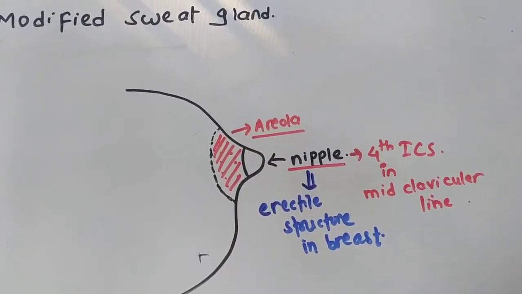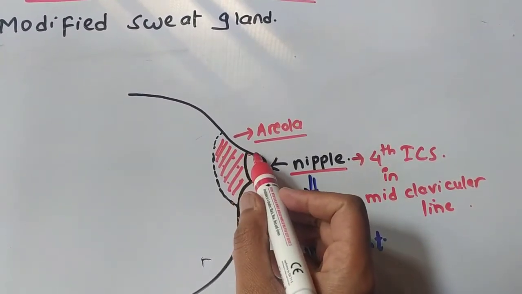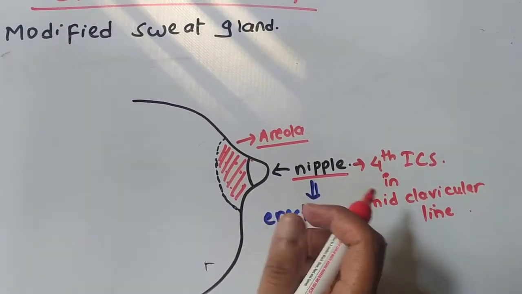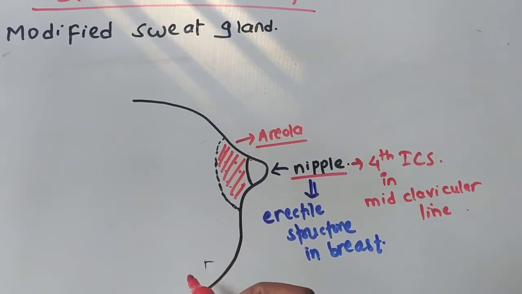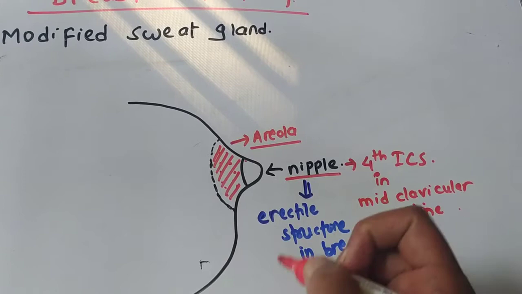The breast has especially the nipple, that is the middle part, the pinpoint part of the breast, and surrounding the nipple it has the areola, and the areola contains modified sweat glands and sebaceous glands. Let's first talk about the nipple.